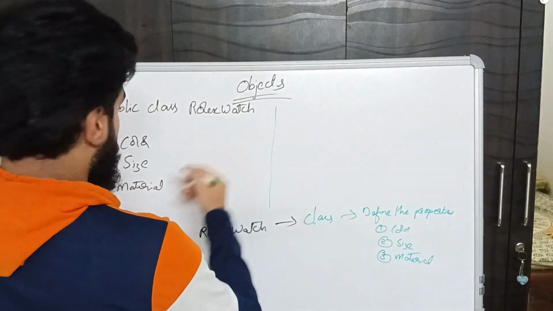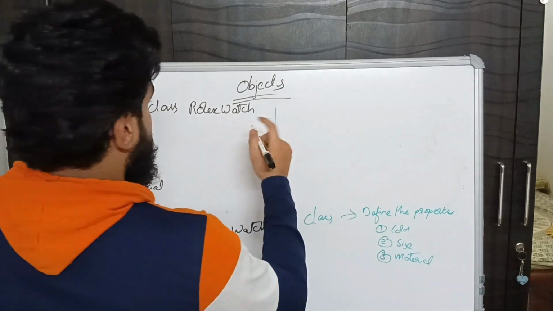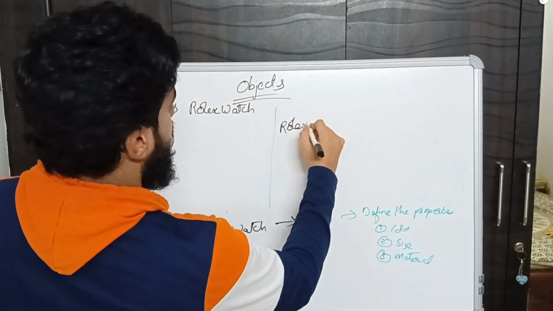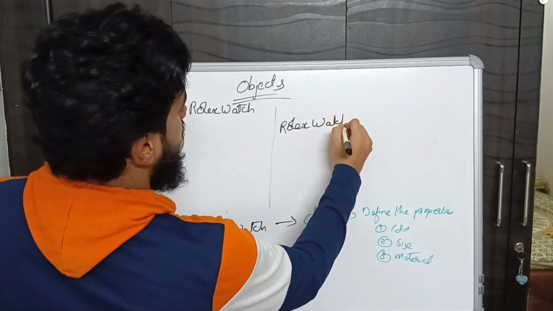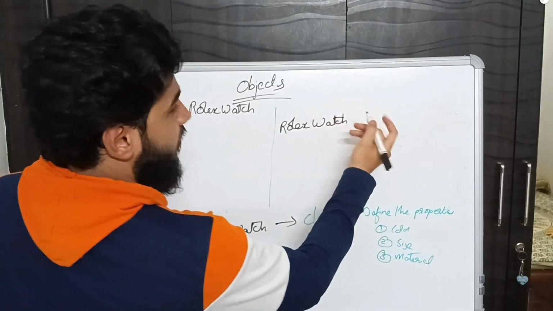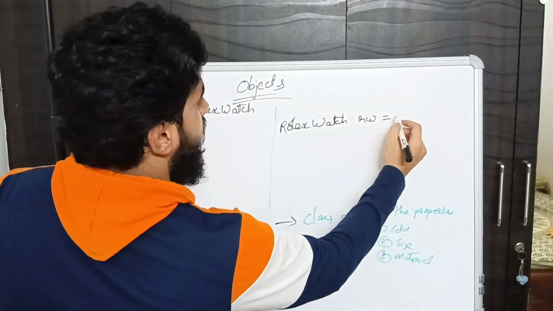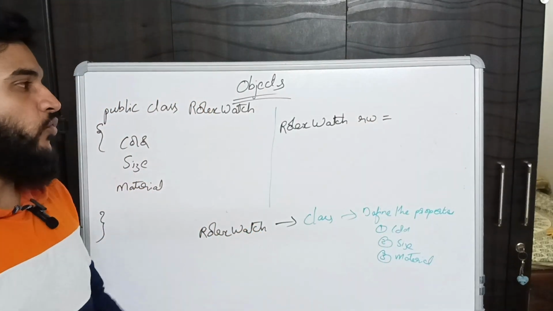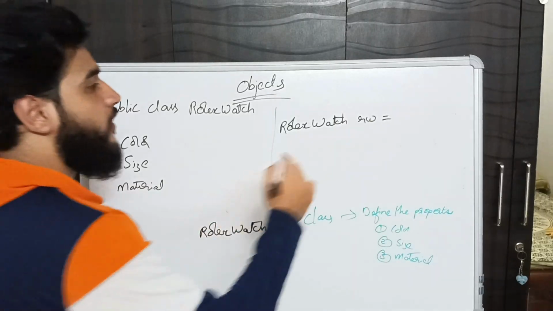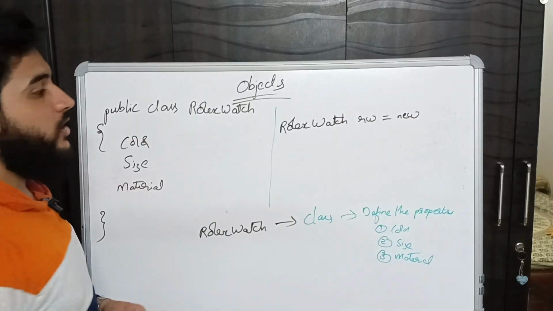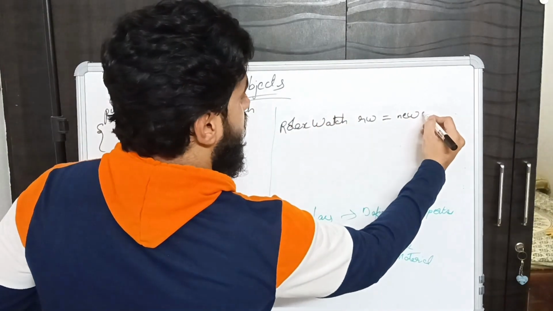Let us see. What we do is basically type the class name and give it a name, let's say rw. Then we have to use the new keyword. We will simply say new, and we will just write the class name again.